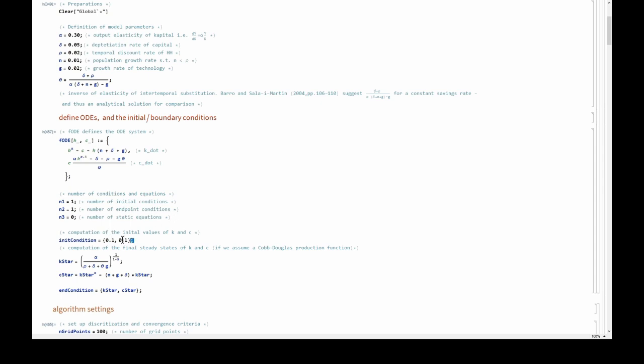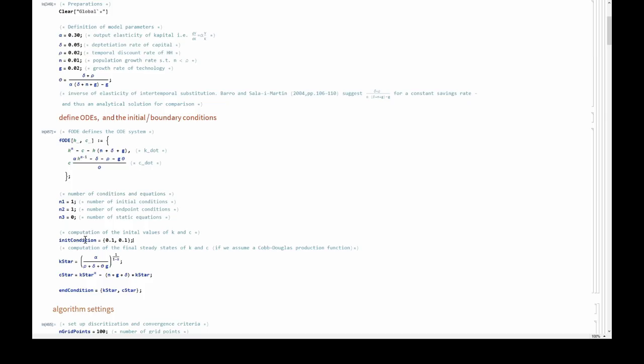We need to have our initial condition. This is our starting point. In principle, you would only need a value for capital here, since, given the capital, the consumers then optimize their consumption, and this is already implicitly selected by the model.